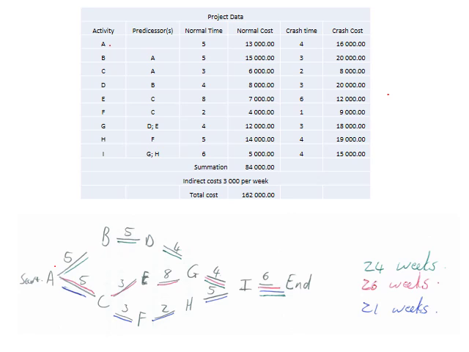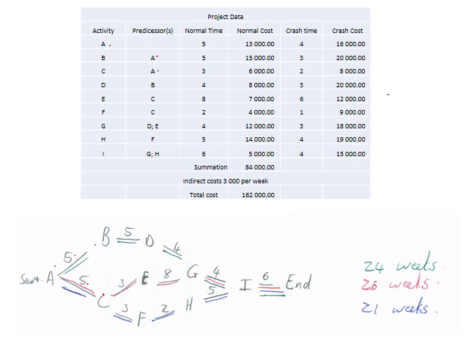Going into each direction, A is connected to B and C, so we can see that it splits into B and C, and we've got the duration of 5 days.